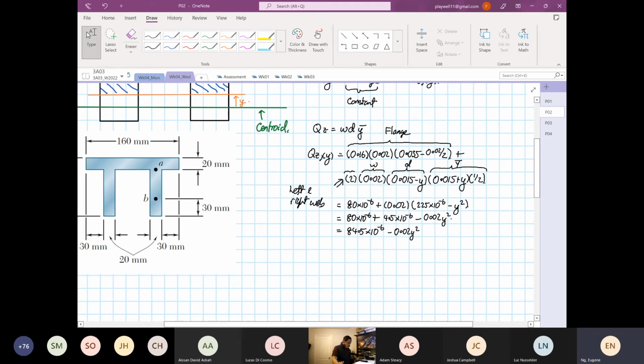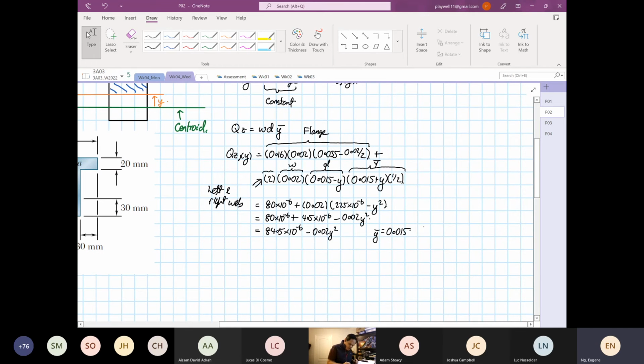So unfortunately, I don't know how to check if that is correct or wrong. Wait, is there any way you could check? Yeah, there's a way that you could check. If you plug in y is equal to 0.015, so this will be y, not y bar, y is equal to 0.015.